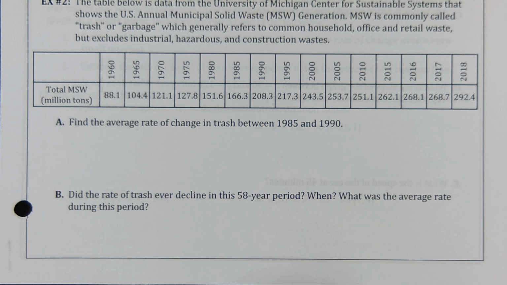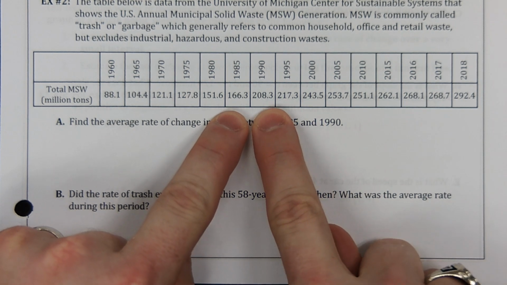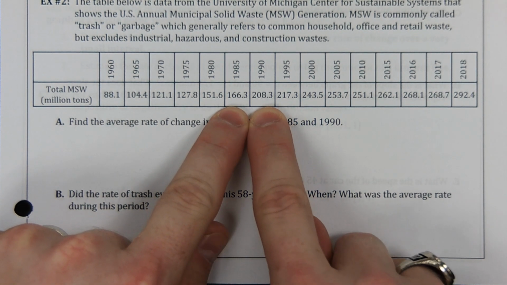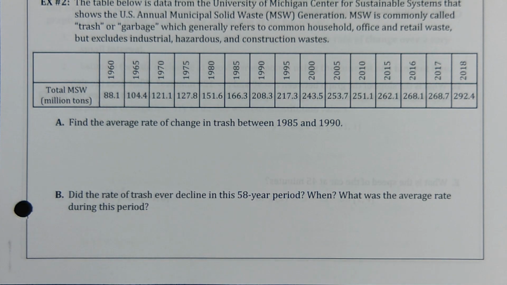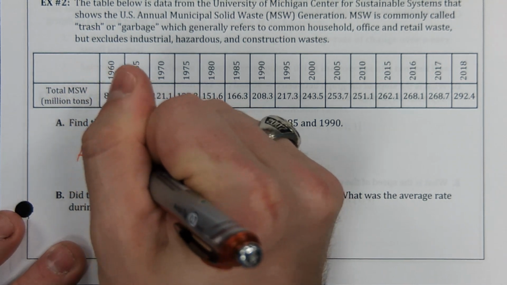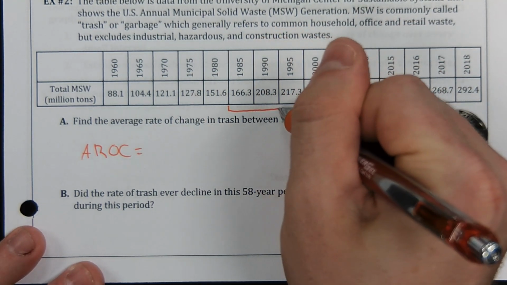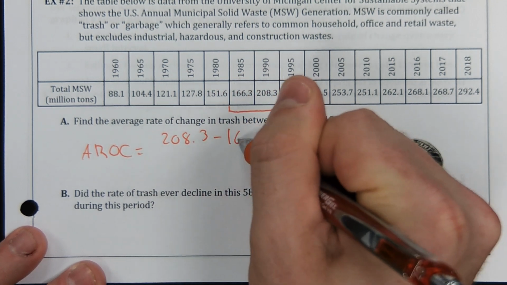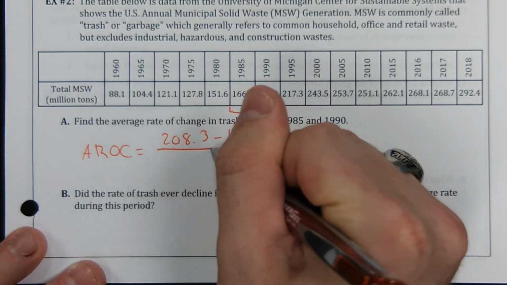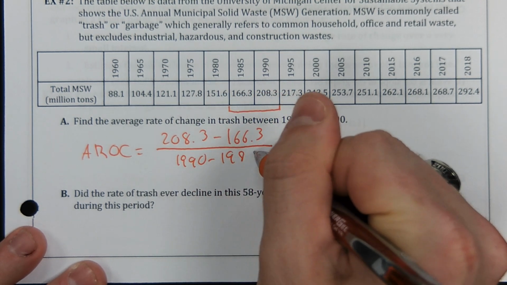Find the average rate of change in the trash between 1985, the year I was born, and 1990. Right there. So it's just these 2 coordinates. Remember, these are your x's and these are your y's. So 85 and 90, right here. 208.3 minus 166.3 over 1990 minus 1985.